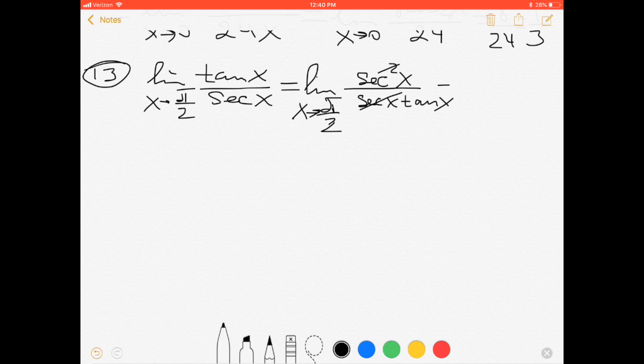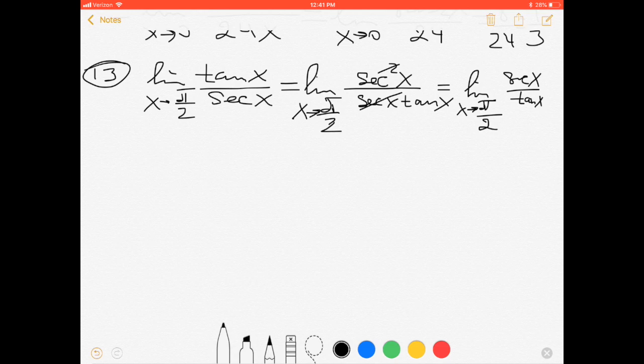Simplify, and you have the limit as x approaches pi over 2 of secant x over tangent x. But the function we are looking for is tangent x over secant x.